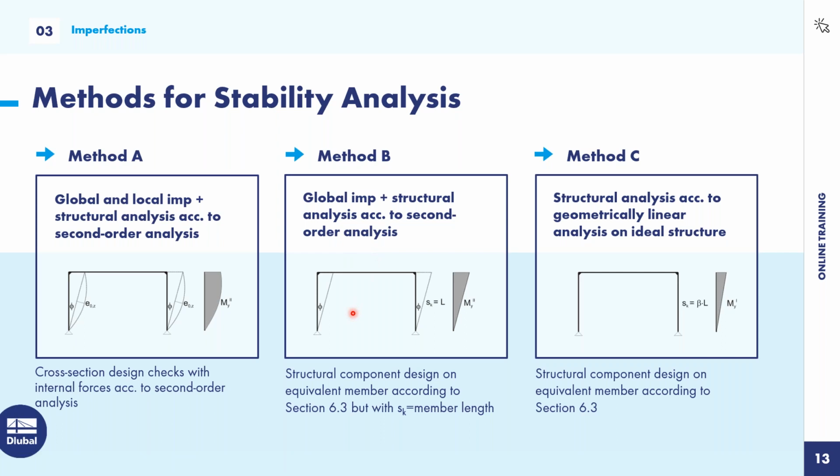On top of that, we apply imperfections globally, so only these initial sway imperfections. And then we can take the member length as the equivalent member length in order to perform our stability analysis.